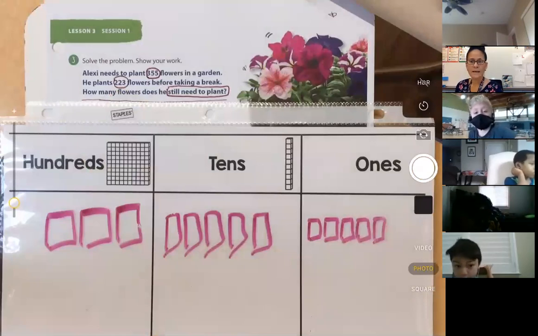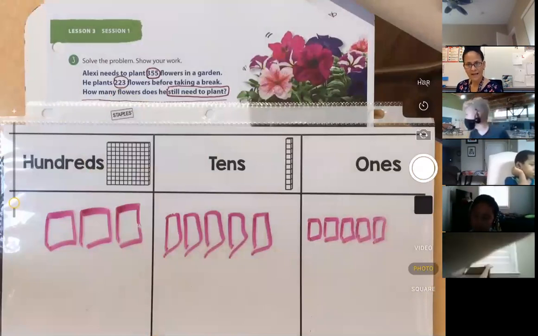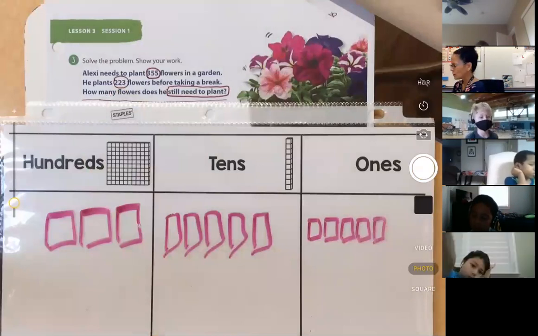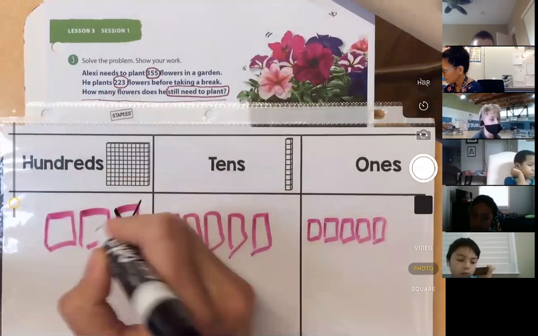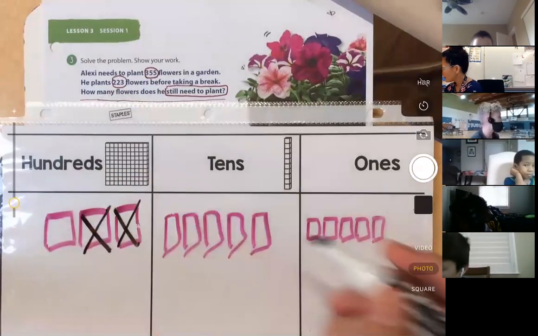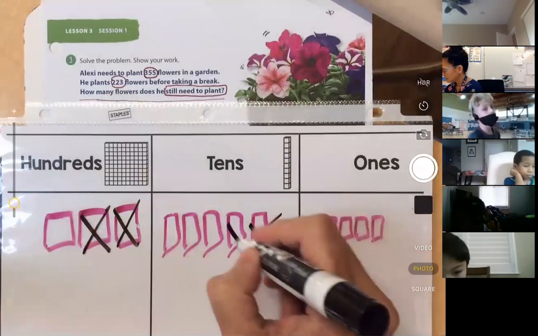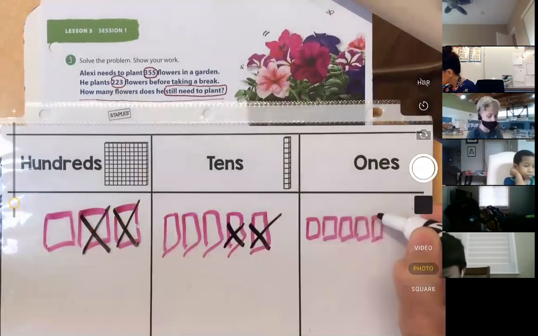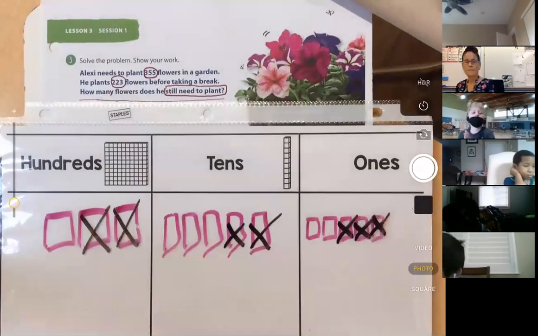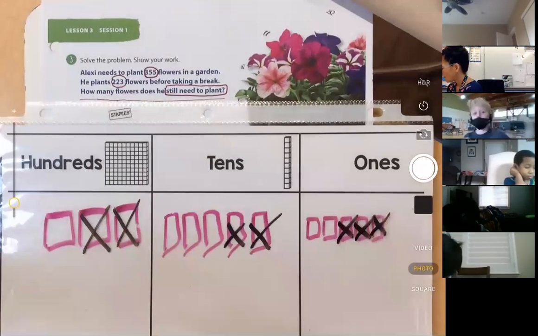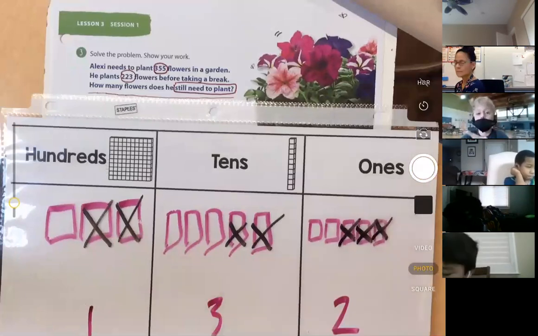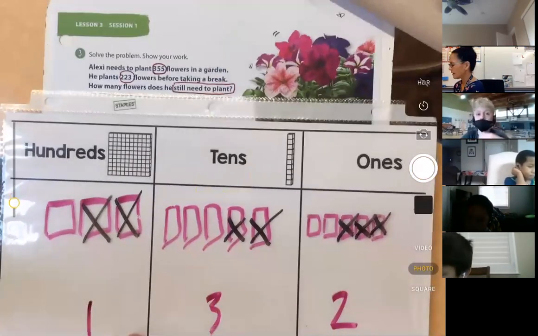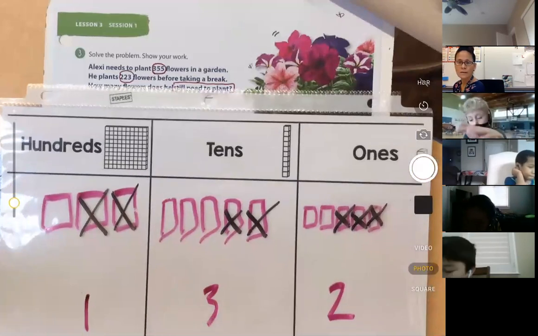So if I'm taking out, taking away, subtracting 200 and 23, I am left with 132, or 100, 3 tens, 2 ones.